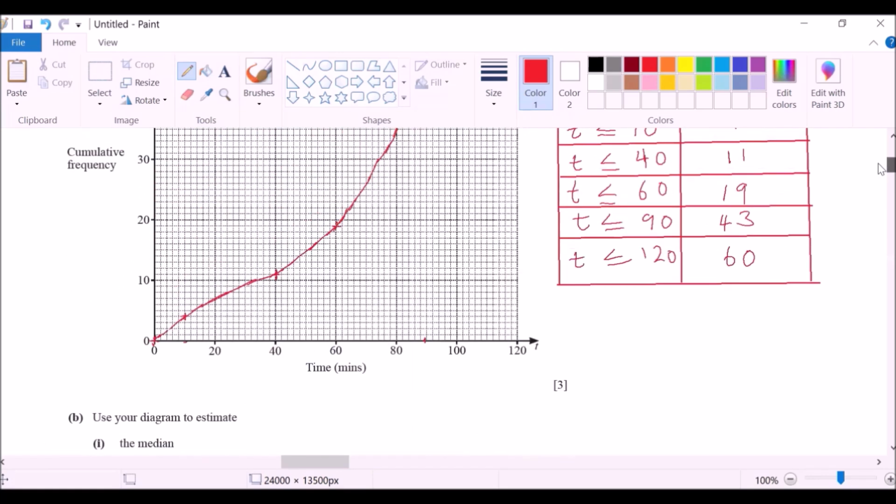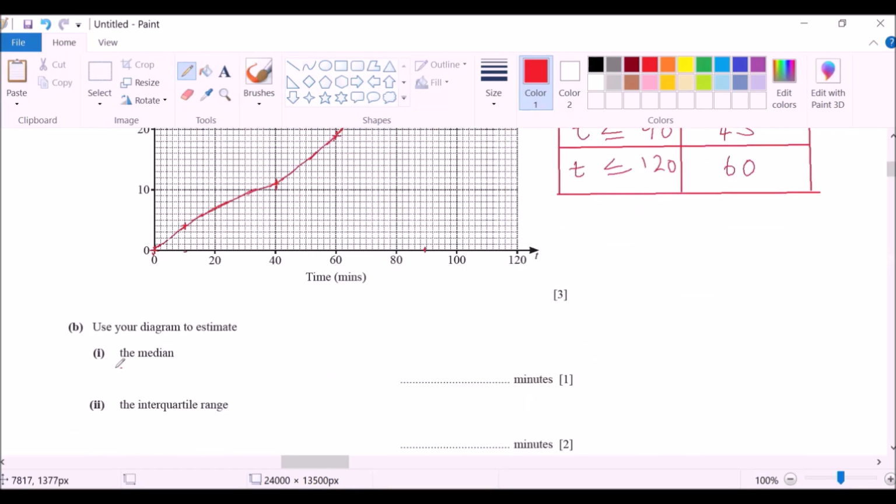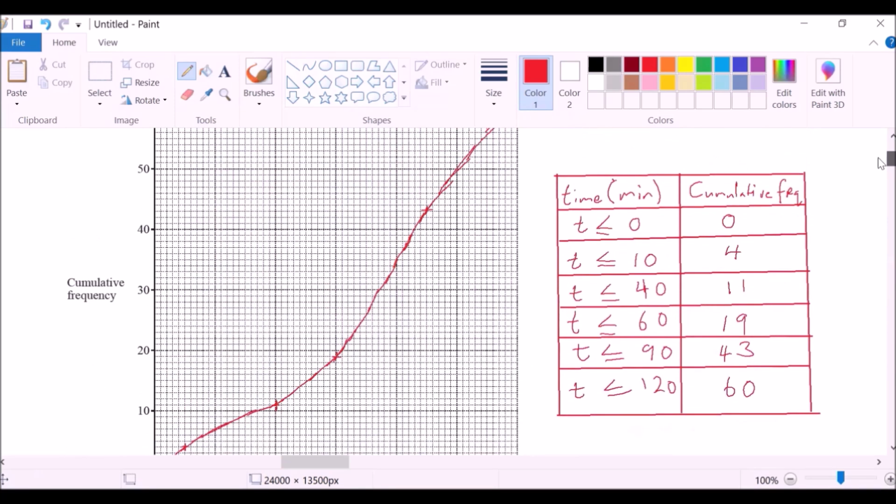So the median is at the 50th percentile, which is at 50% of the cumulative frequency, which is 50 over 100 times 60, which is half of 60, which is 30. So we go to our cumulative frequency diagram.